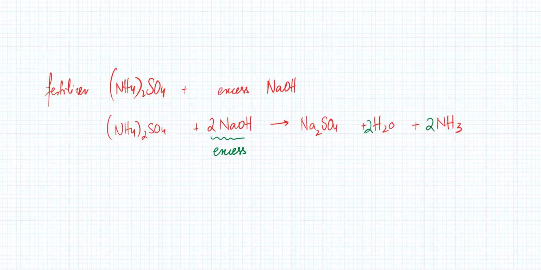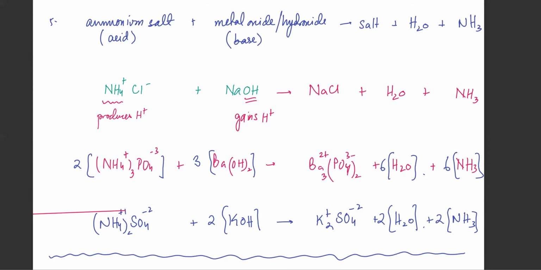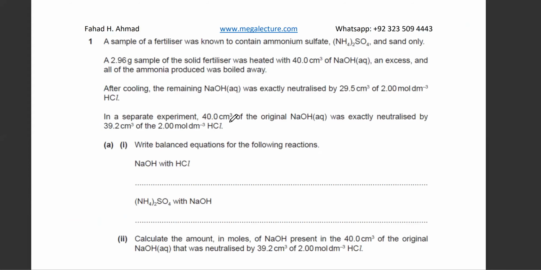The question then states, where's the question? The question then states that he's using values as well. 2.96 grams of the fertilizer was heated with 40 cm cube of NaOH.